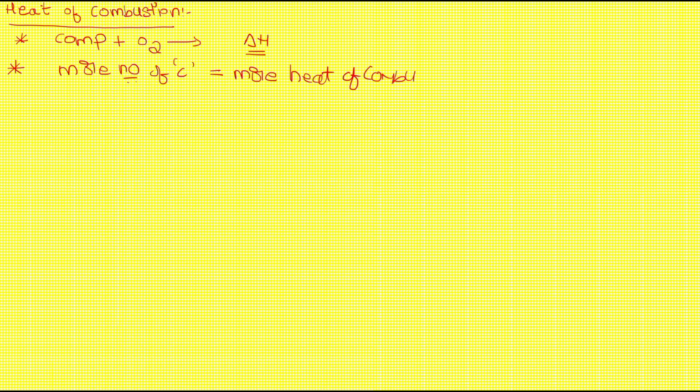Along with the stability, here another word we have to consider: the compound which contains more number of carbon atoms always has more heat of combustion. For example, I'm giving an example.